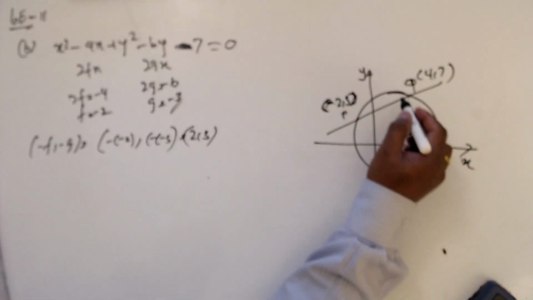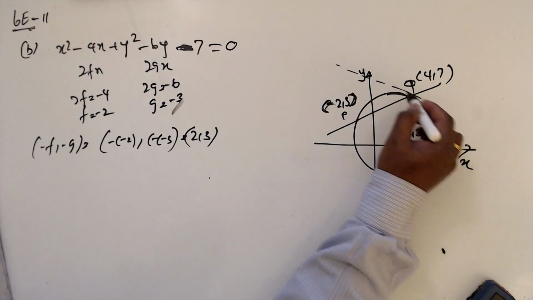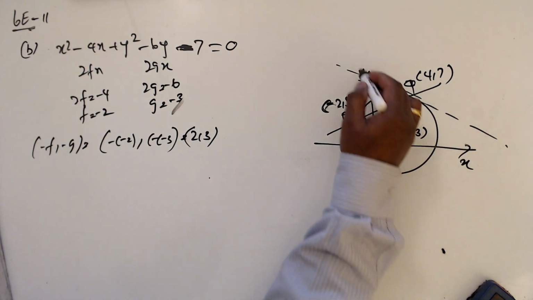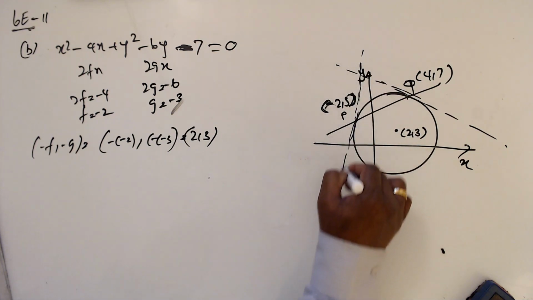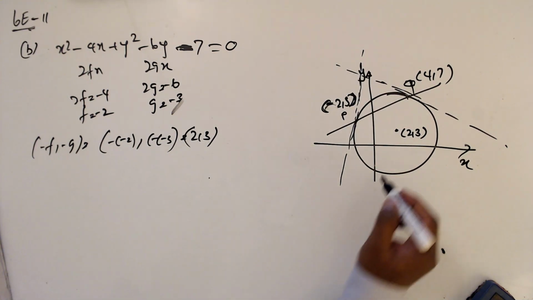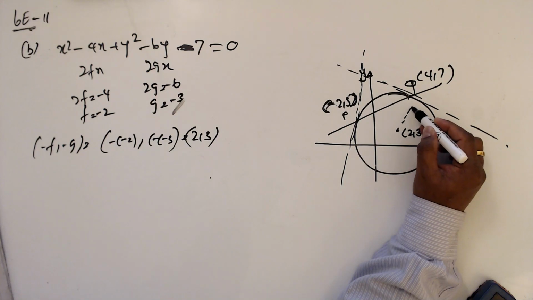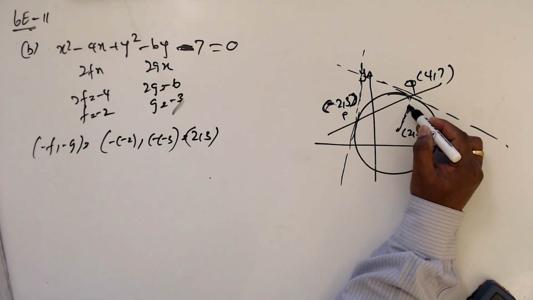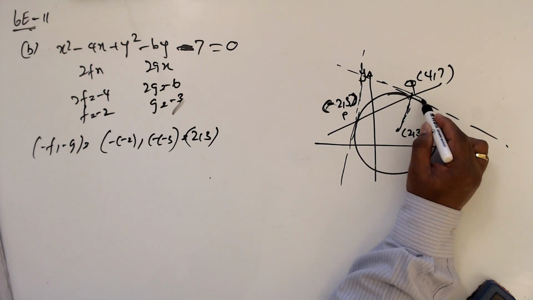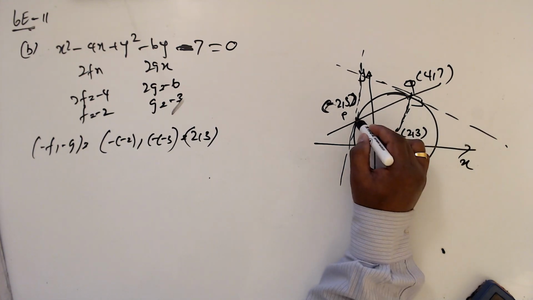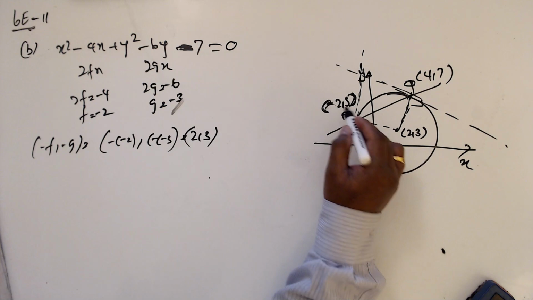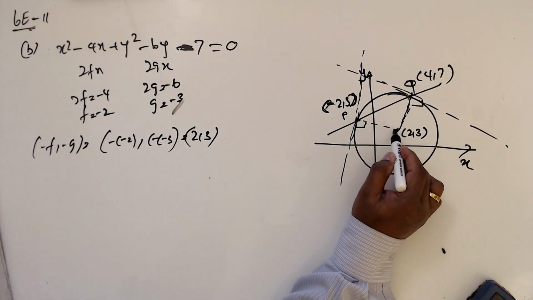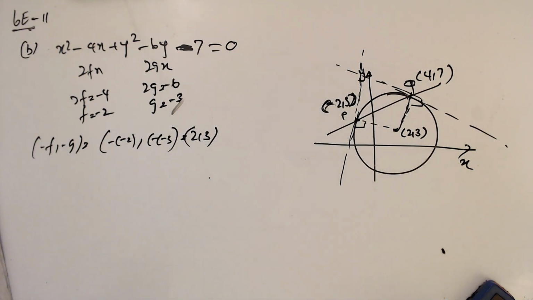Now I want to find the tangent to the P and Q. I know this is 90 degrees. This is also 90 degrees. Since we know this point now, we can find the equation.